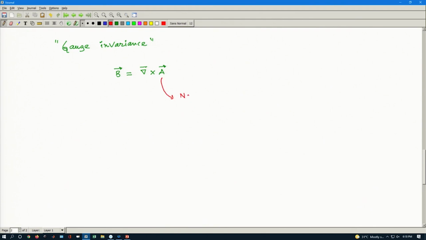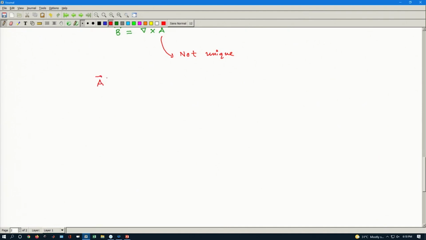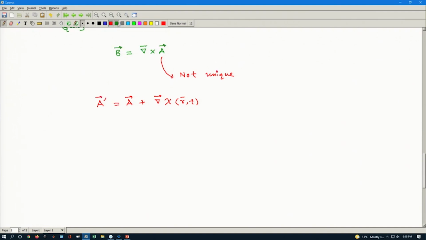So, we can choose as per our convenience, and for example, I can have A prime which is the given A plus the gradient of another scalar function, which may be a function of space and time, and that eventually gives the same B. It leads to the same B.